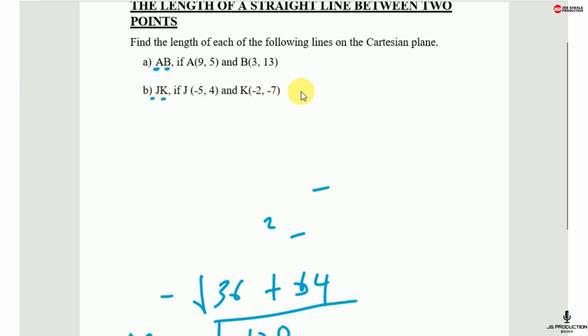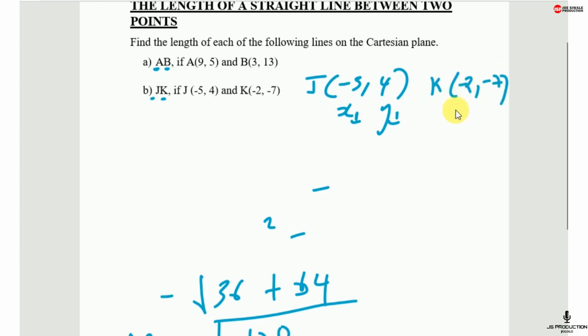Since the line is starting at point J, those coordinates, negative 5,4, will be X1 and Y1, and those of K, which are negative 2, negative 7, will be X2 and Y2. So you can finish up answering this question. Just write up the formula and replace these numbers in the formula.